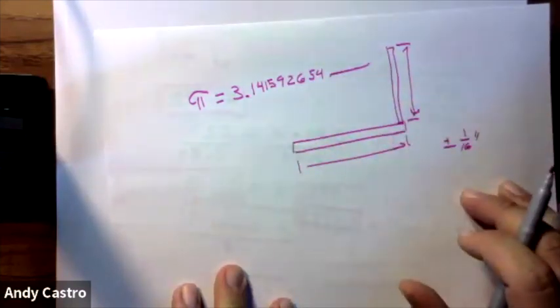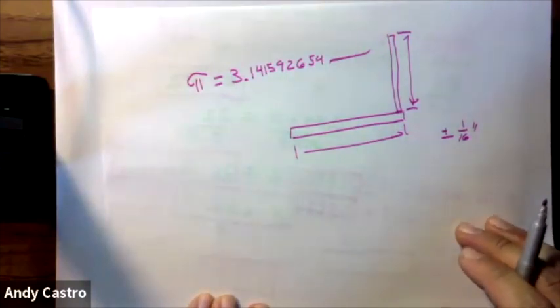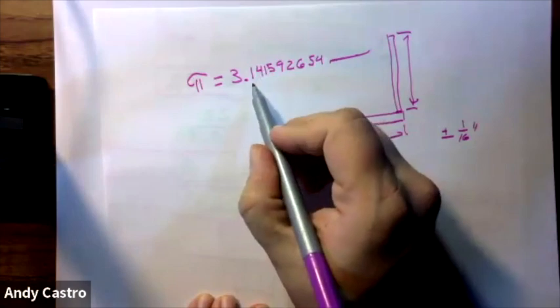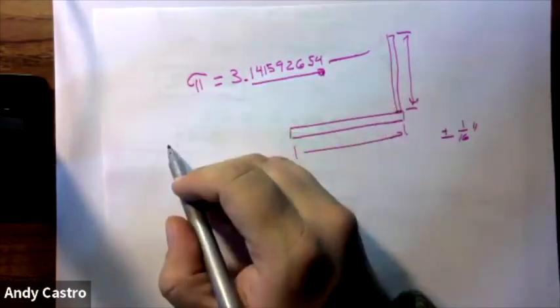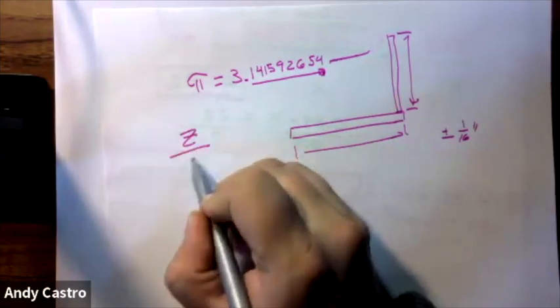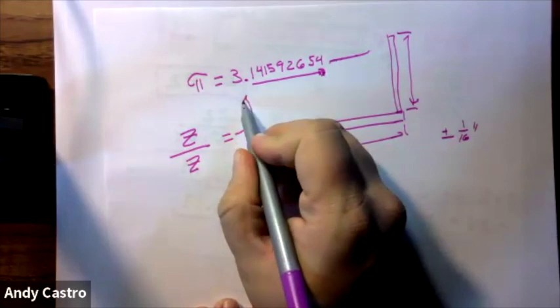I forget how many digits it's been calculated out to, but millions of digits. It doesn't repeat itself, and there's no way that we can put two integers in a ratio that gives us this same number.